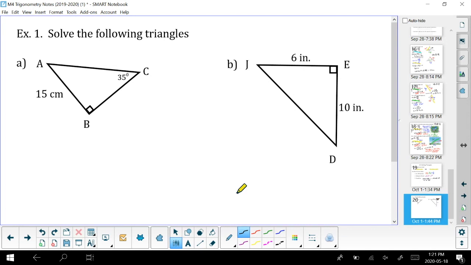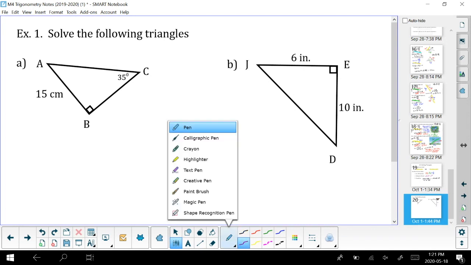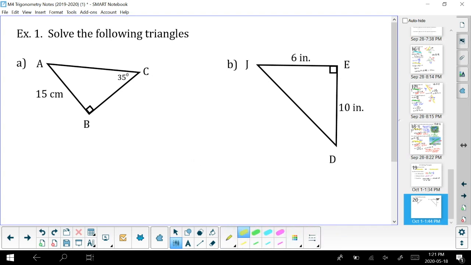So let's go ahead and solve these two triangles. So for the first one here, again, it's really up to you to decide what you want to start off with. I would like to solve for side AC. And maybe before I do anything else, let's write our ratios down. SOHCAHTOA. And as you progressively get better with trig ratios, you might not need to write SOHCAHTOA at the top of every page.